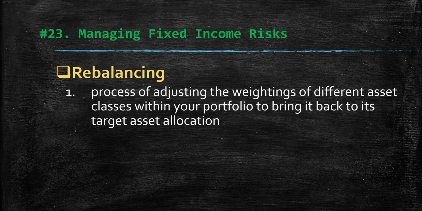The last strategy that I have is what is called rebalancing. So again, if you have a portfolio that is resilient, one that is diversified, it will have more than one type of investment.